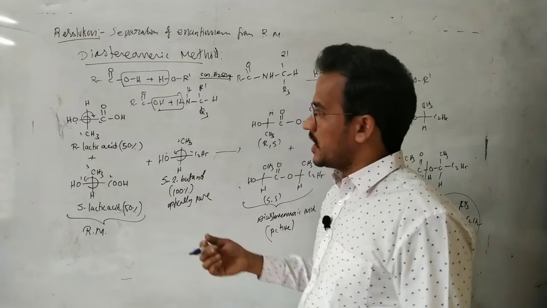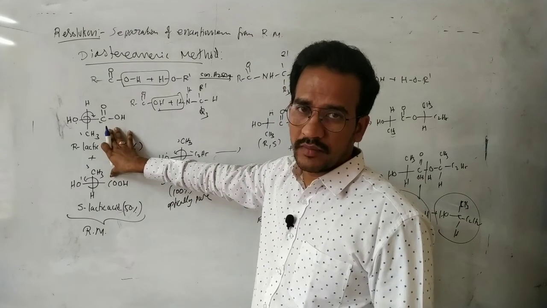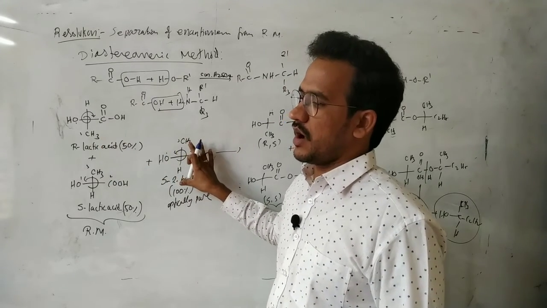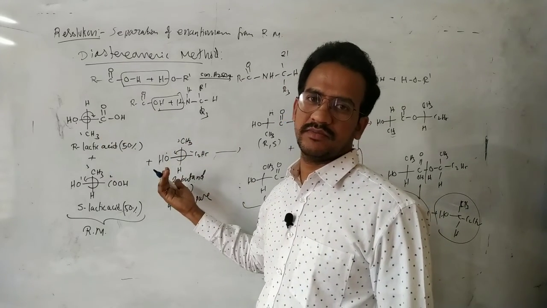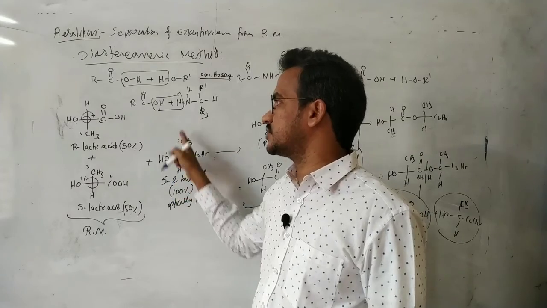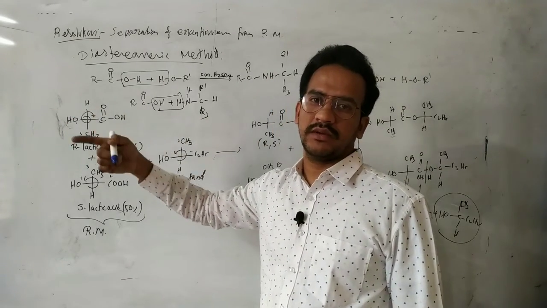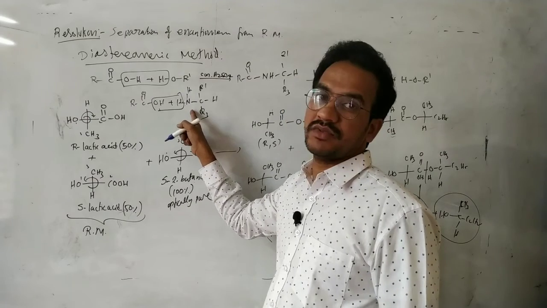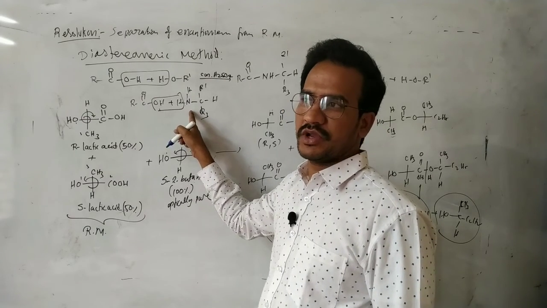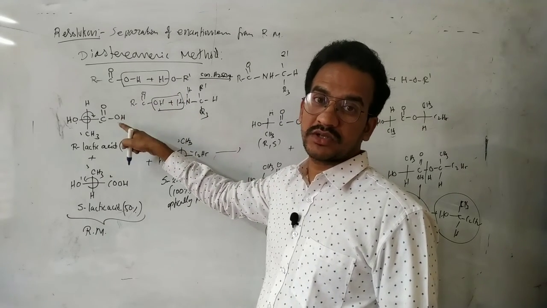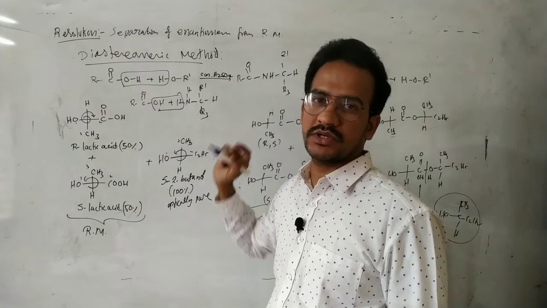Or we can take like this, enantiomeric mixture of alcohol and optically pure carboxylic acid. That means the carboxylic acid group combines with the alcohol group. So like that also we can take. Or an enantiomeric mixture of the amine reacted with optically pure carboxylic acid, again we will get the diastereomeric mixture.